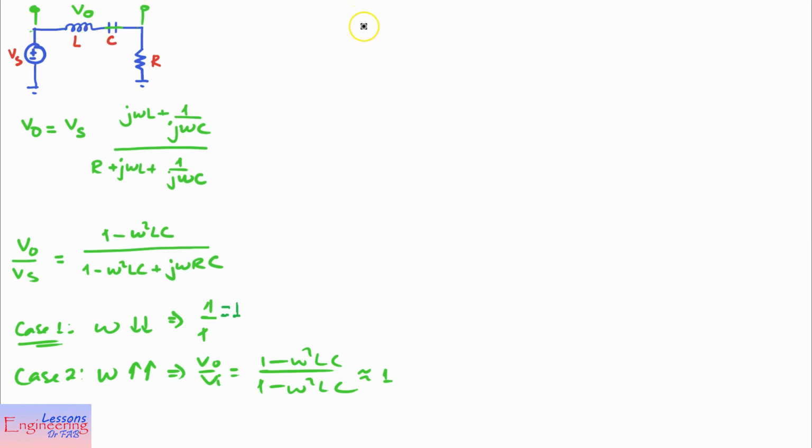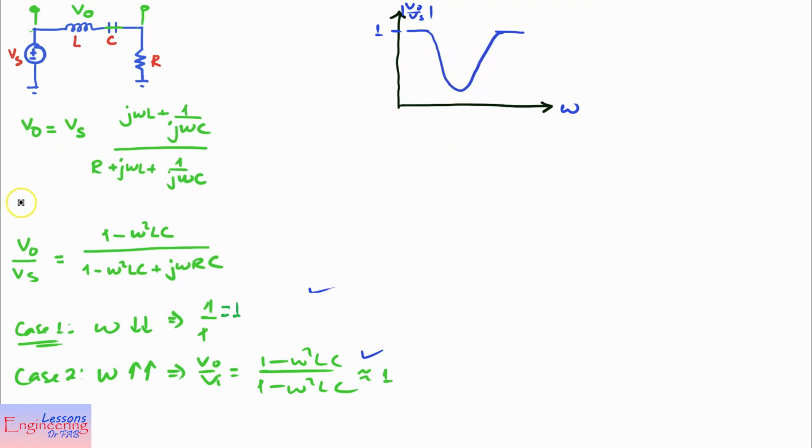Then if we graph this, for low frequency we have almost 1. For high frequency values we again have 1. So as you increase frequency, the gain will follow such a curve. What's happening here is that we are now between some omega 1 and omega 2, called cutoff frequencies.